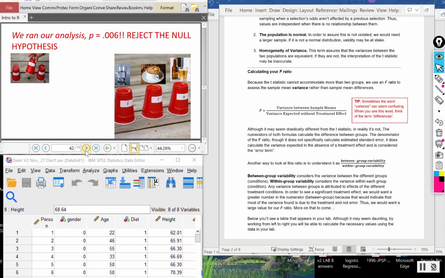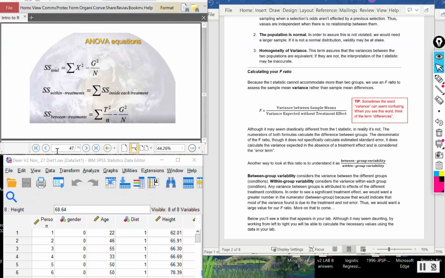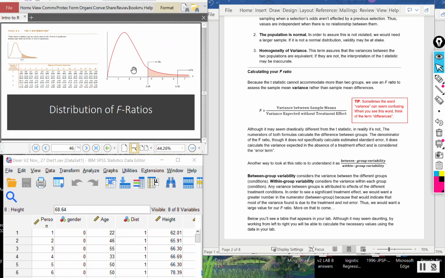So if I move right here, your F value is kind of like your T statistic, but there's no two tails to it. Just know that there is going to be a critical F value, and there's also going to be a T statistic that is appropriate.